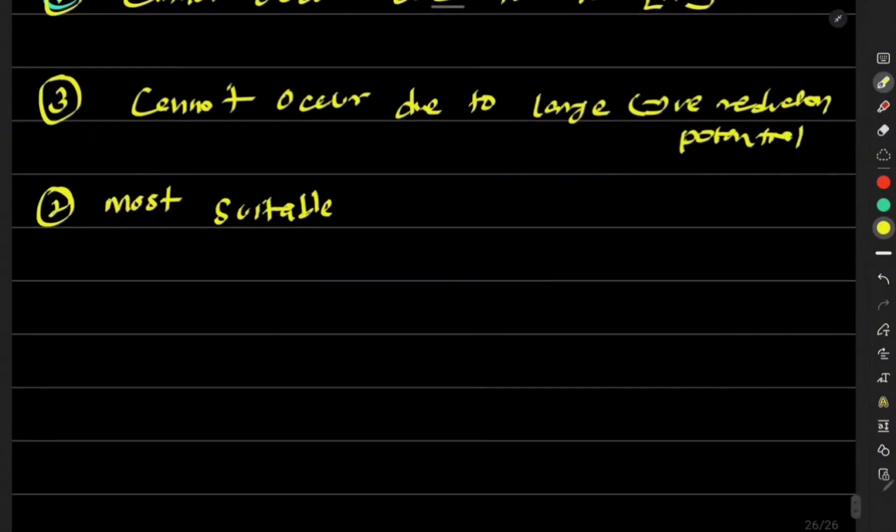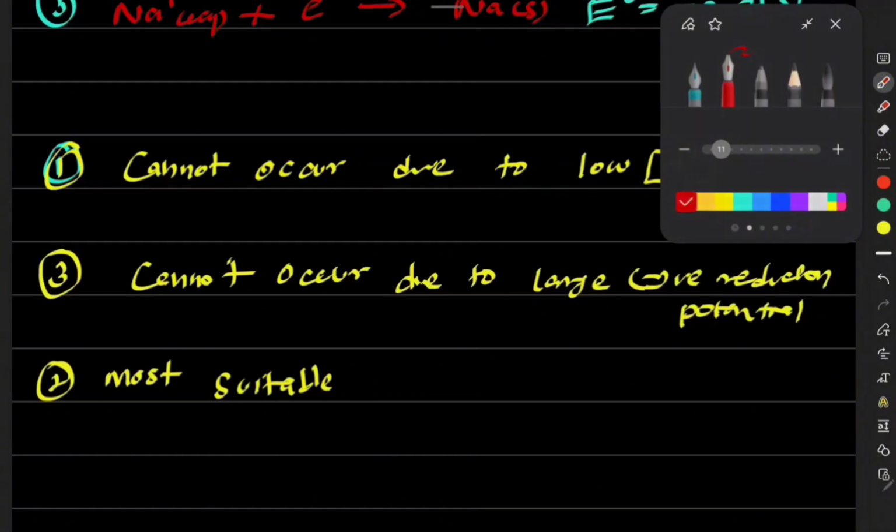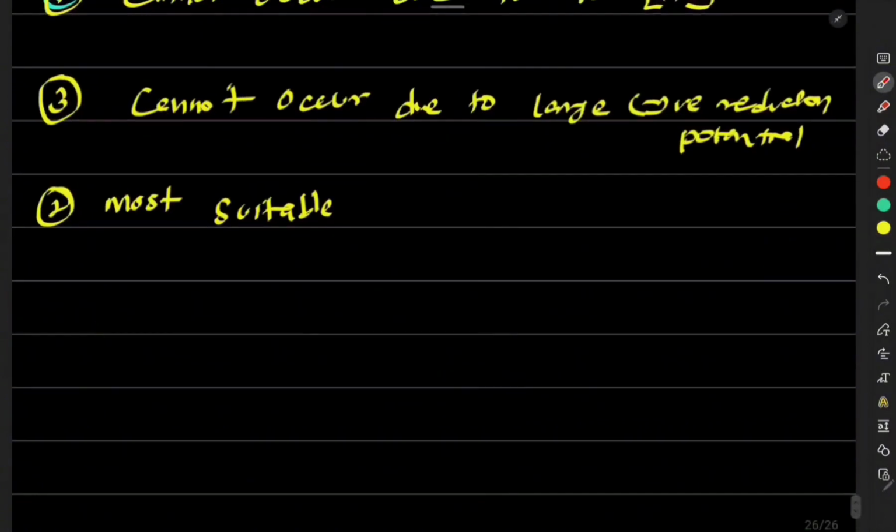Now let's look at the oxidation reaction. We should determine the oxidation reaction. There are two oxidation reactions. Let's look at those. Possible oxidation reaction.